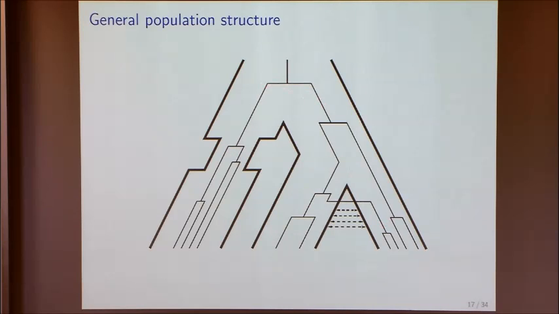So you could imagine maybe this was the African population, and there was a split, and this was maybe the Eurasian population, and then there was a further split. So this might be the European, and this might be the Asian population, and maybe there's more recent migration that happens between these populations. So you could infer all these parameters based on the genetic data that you sample from these different populations at the current time.